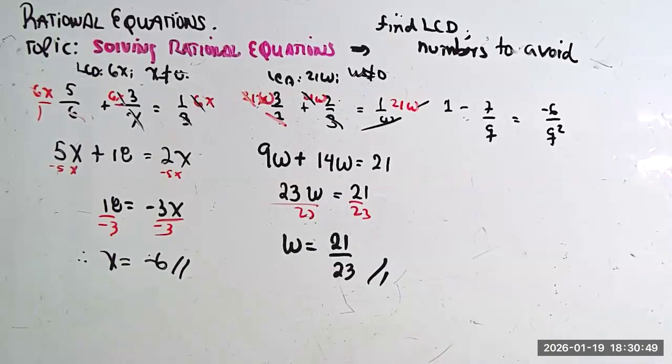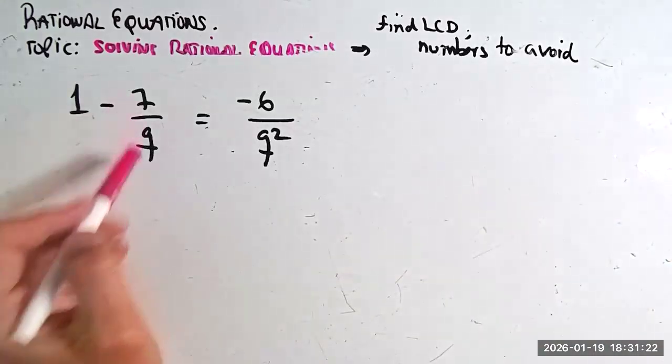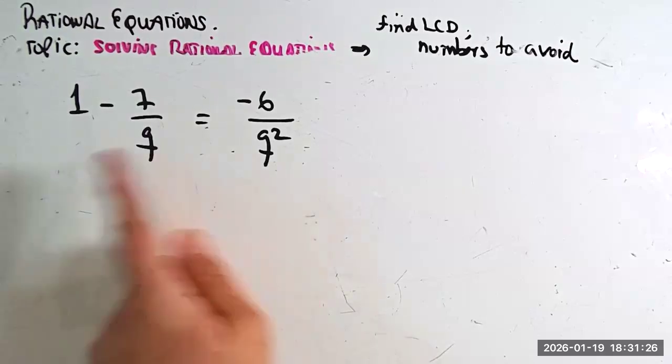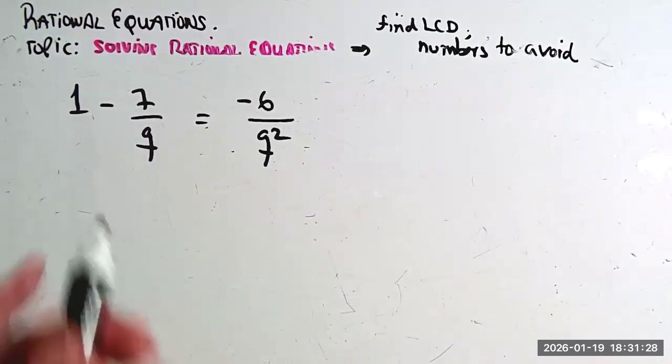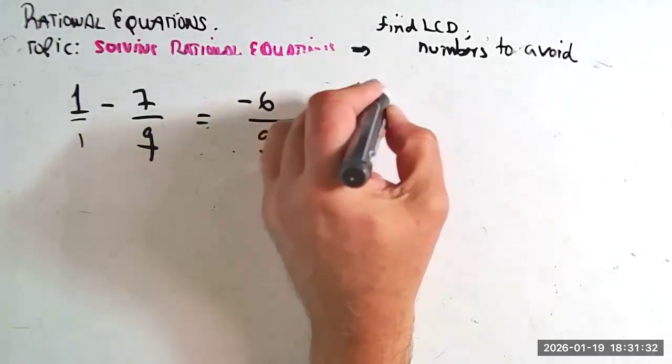Okay, let's try another example. I rewrote it, so we have the example 1 minus 7 over q equals negative 6 over q squared. Of course, my LCD, this is over 1, so it's always q squared, always the highest exponent.